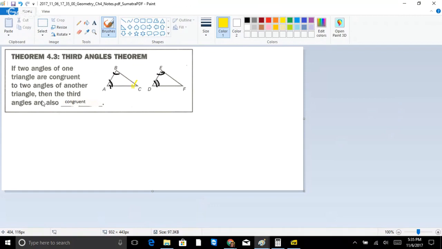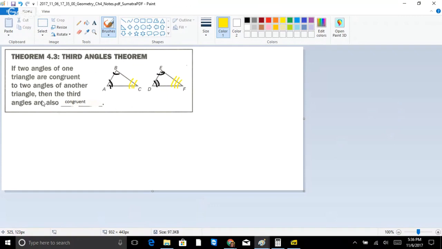C is congruent to F. And I think this just makes sense, right? Because we know all triangles add up to 180 degrees, and 2 out of the 3 are exactly the same on both triangles, that means that the third one is going to be the same as well. So I think this is a pretty easy theorem to understand.